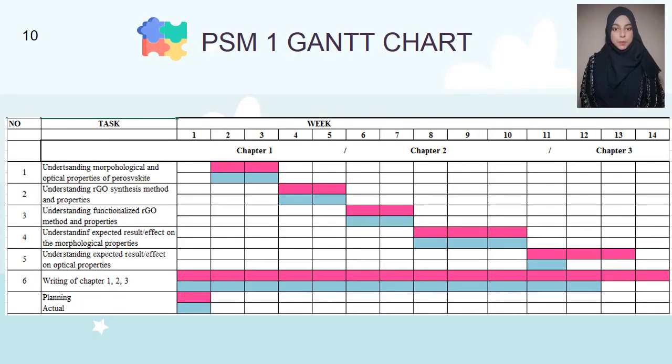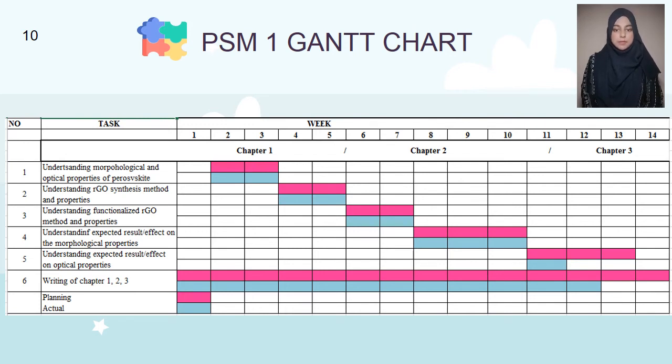For this project 1, for week 2 and week 3, I have covered the understanding of the morphological and optical properties of the perovskite. Meanwhile, week 4 and week 5 are on understanding the reduced graphene oxide synthesis method and its properties.